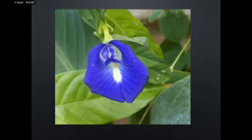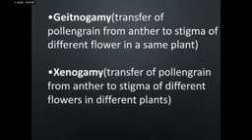So they are cleistogamous, non-exposing flowers. In this kind of flower, autogamy takes place because only self-pollination can take place.